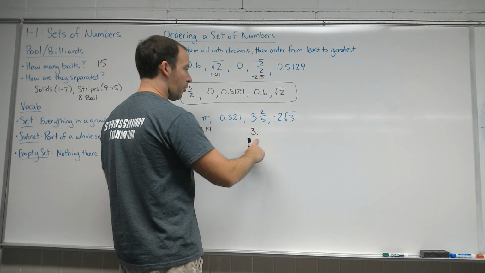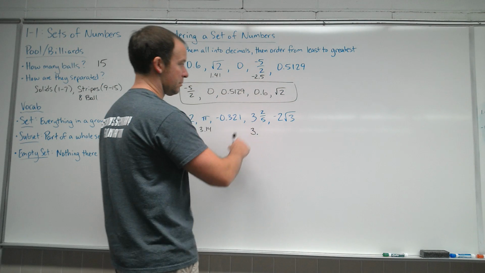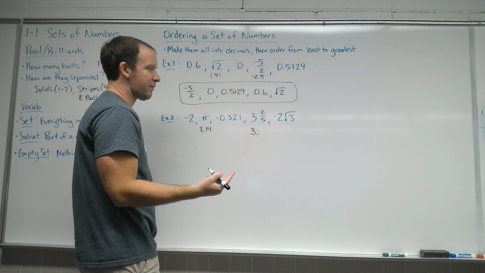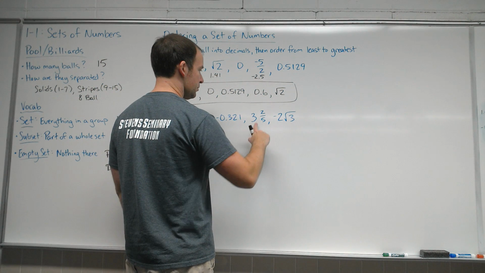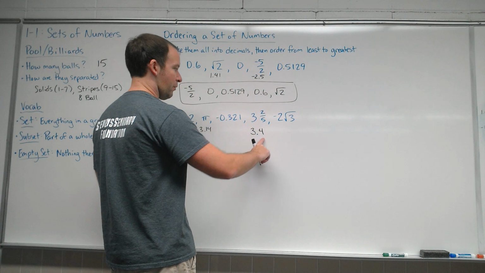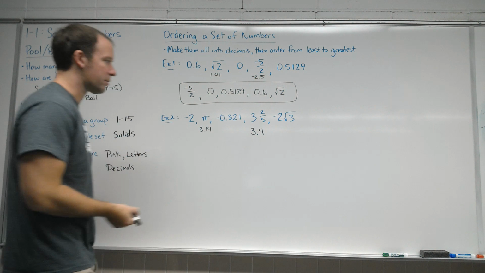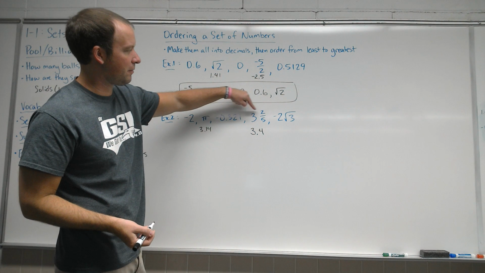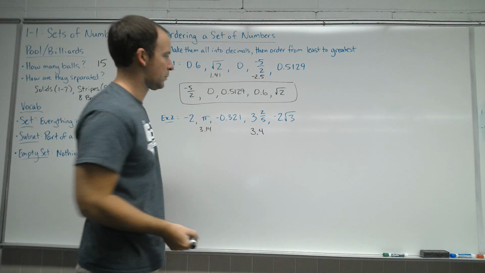So it's 3 point. Then do 2/5. So 2 divided by 5. And 2 divided by 5 is 0.4. So 3 2/5 is 3.4. Okay, so do the fraction itself, and then this is the front number.